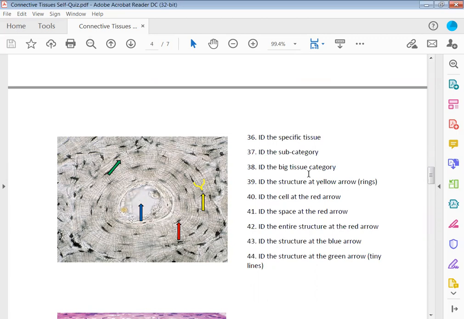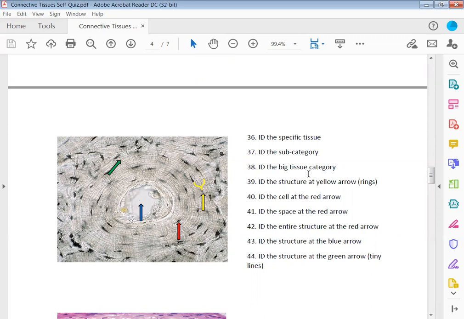Number 37, identify the subcategory. The subcategory, remember, your bones and cartilages are going to be in the subcategory of supporting. So number 37, the answer would be supporting connective tissue. Number 38, identify the big tissue category. This would be connective tissue.